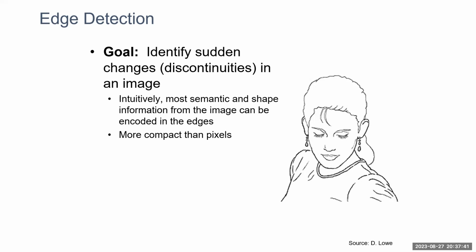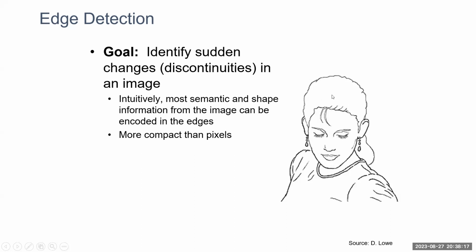So edges are more compact than pixels. What this actually means is, if you look at an image, although there's a large number of pixels in the image, imagine this particular slide, there's a large number of pixels, but the number of pixels corresponding to the edges is low, right?